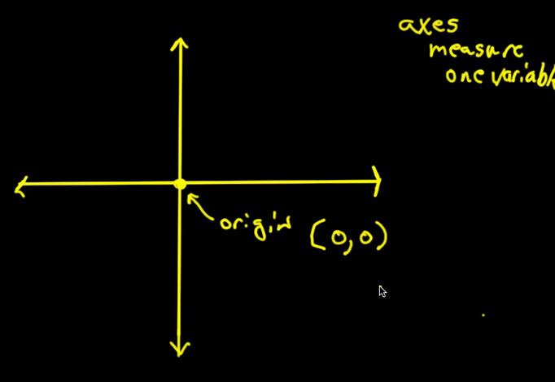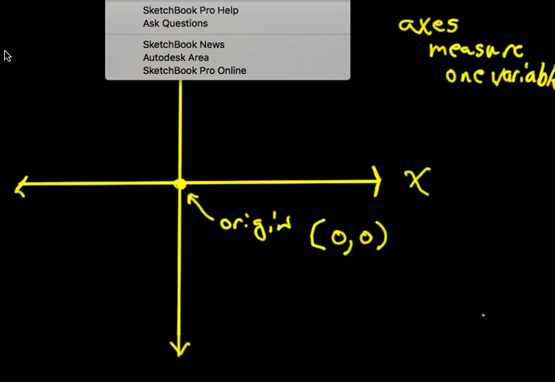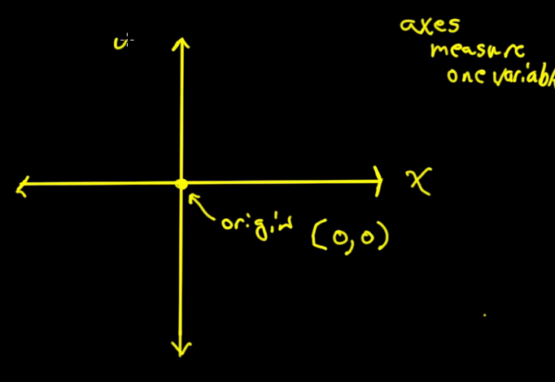So notice how I write that as coordinate pairs. And so this is the x-axis. And however far I go in this direction is my distance in x. This is my y-axis. However far I go up or down is my distance in y from the origin.